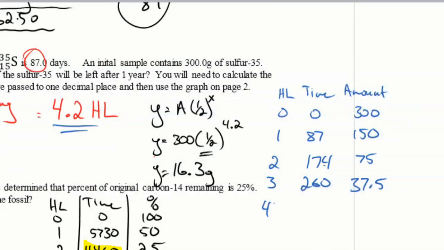4 half-lives is going to be 347 days, and then 37.5 divided by 2 again, 18.75. All right, so we're at 4 half-lives right here, and we have 18.75 grams left.